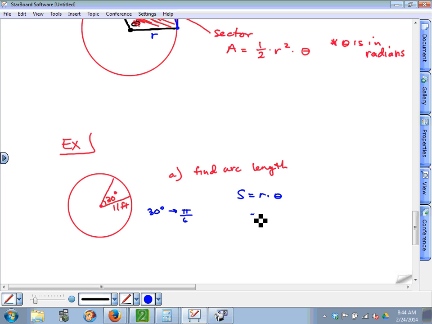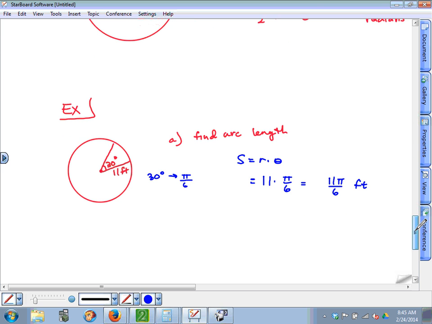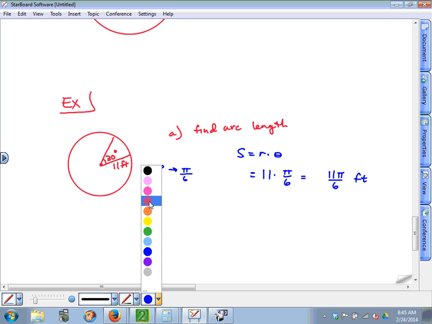Radius is 11. Theta is pi over 6. So it's 11 pi over 6 feet. Technically, we have to include the unit of measure: 11 pi over 6 feet.